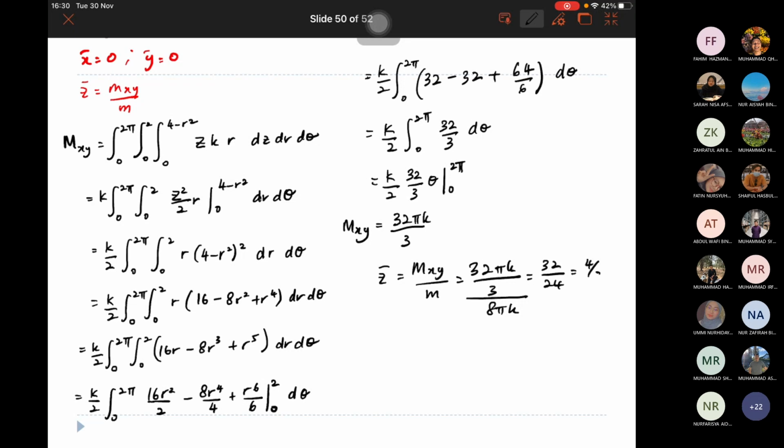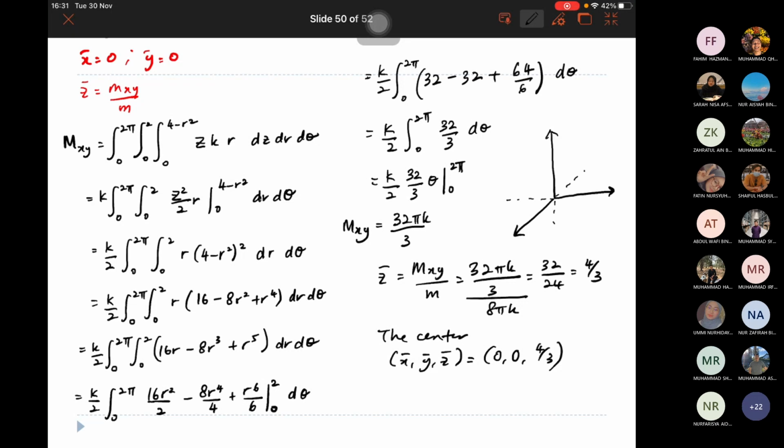Sama dengan 4 per 3. So kita dapat the center x bar, y bar, z bar 0, 0, 4/3.